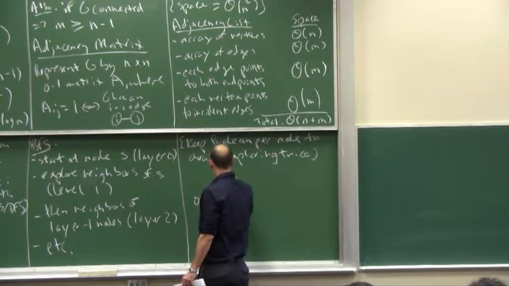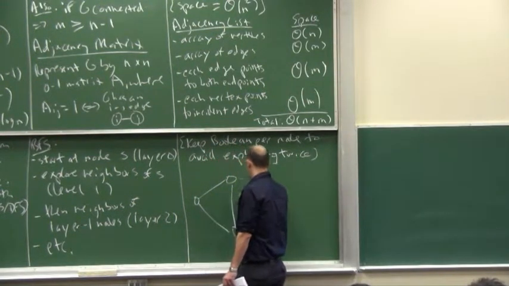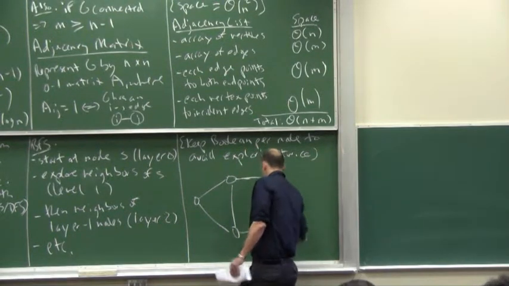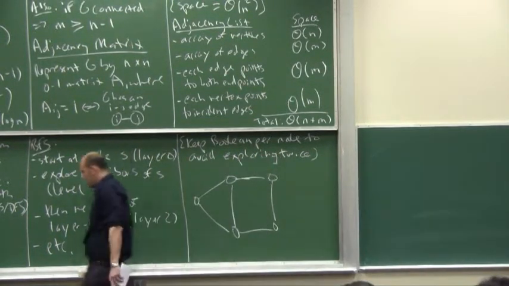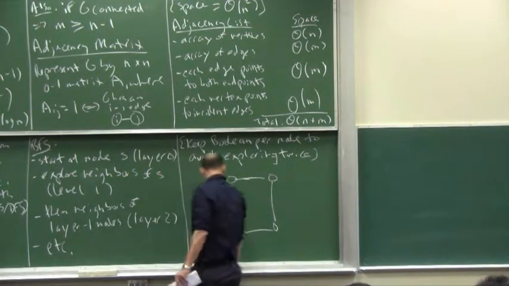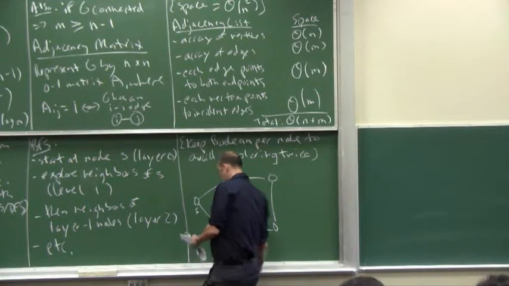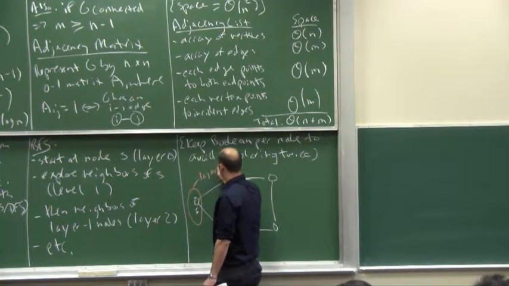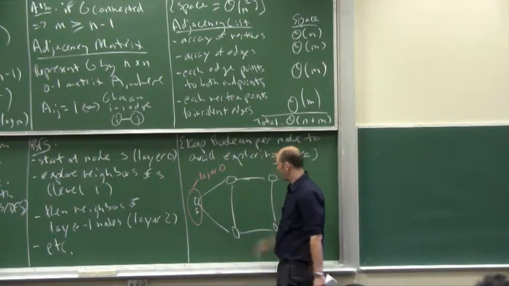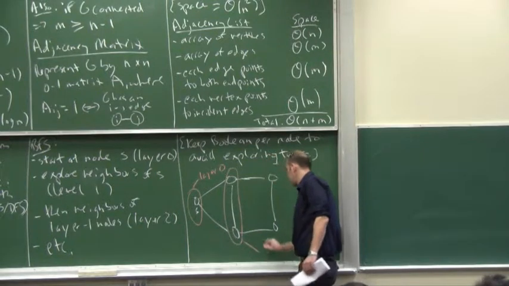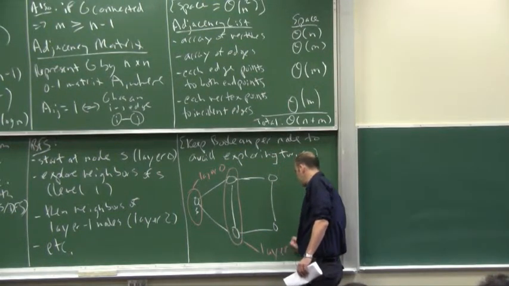So for example, for an undirected graph, we could look at this graph. If S is over here, then this is going to be layer 0. The neighbors of S are these two nodes, so this is layer 1.